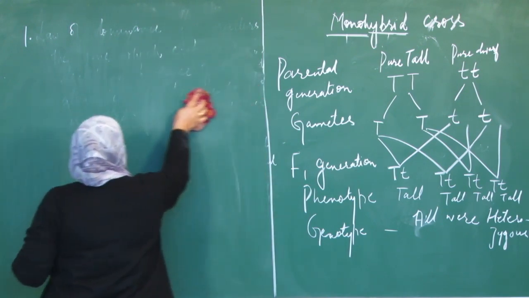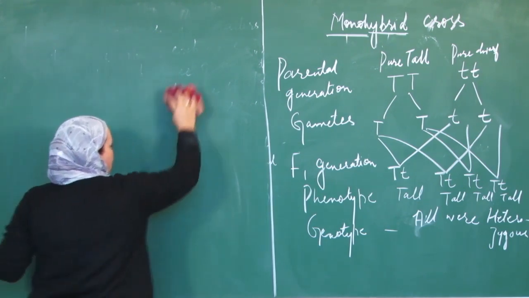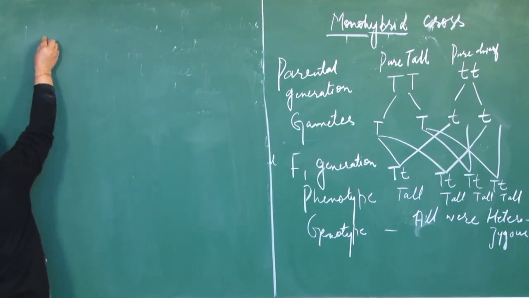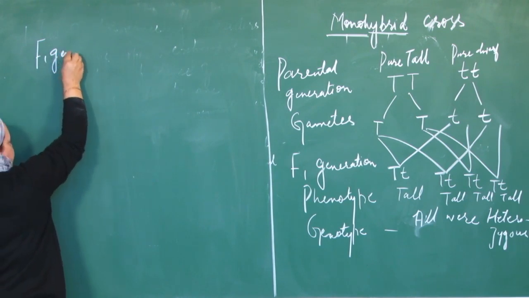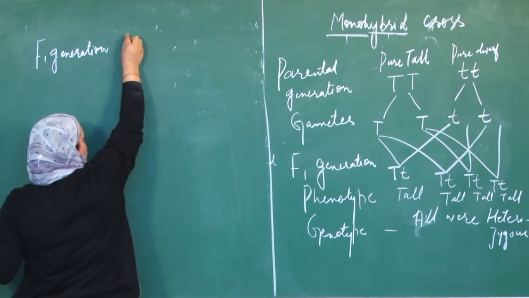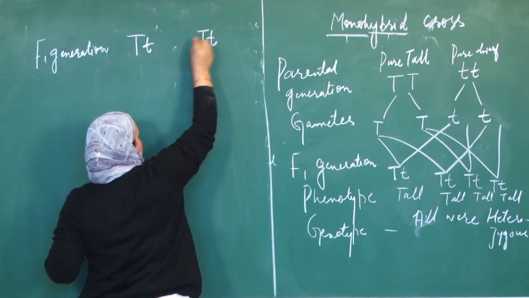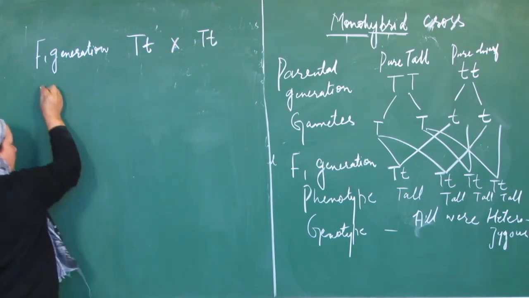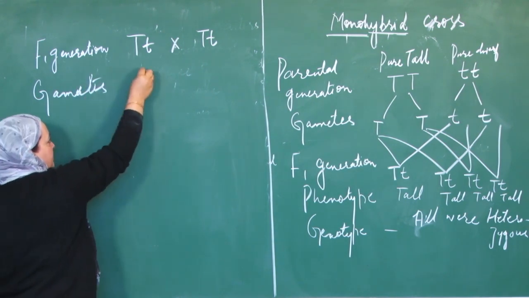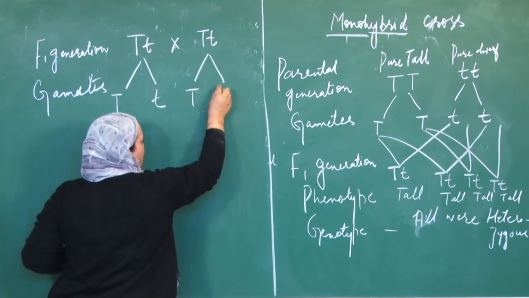The plants were tall but in a heterozygous condition, capital T, small t, capital T, small t. Now, what will be the gametes? Half the number of chromosomes, that is capital T, small t, capital T, small t.